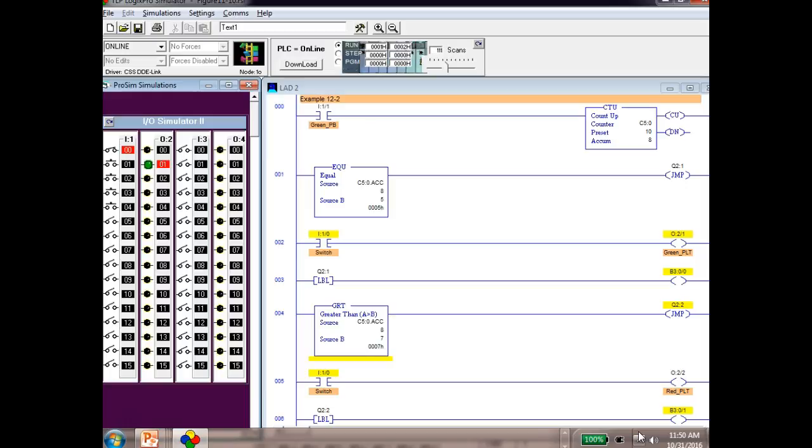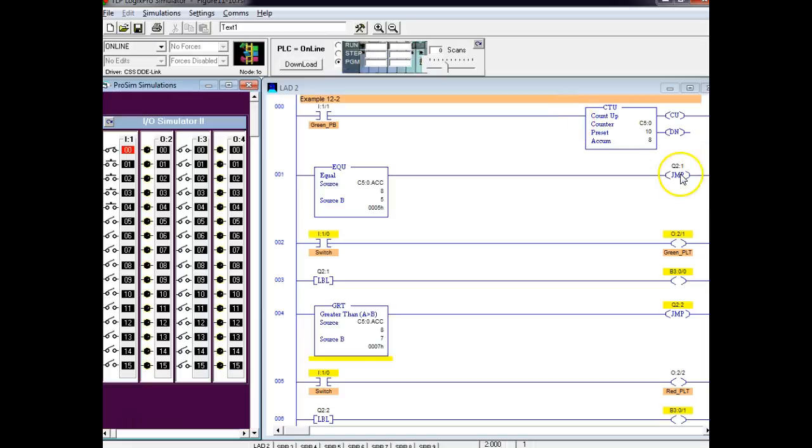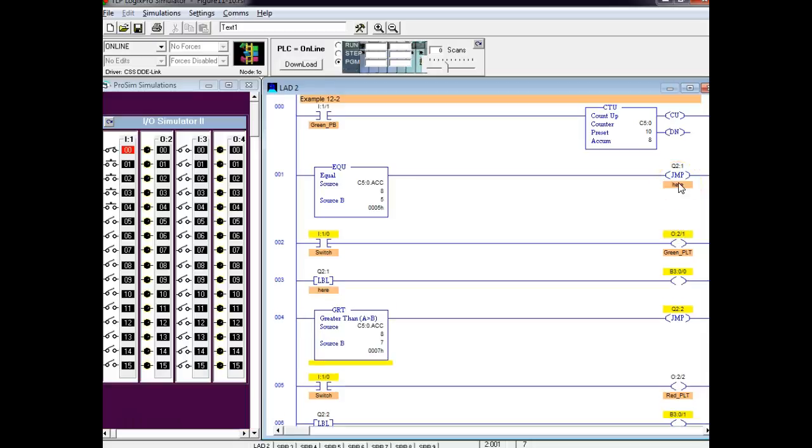Let's see. I'm going to go to program, and I'm going to give the jump instruction a label. Yeah, it does that. So this would be really nice. If you give the jump instruction a label, then your software will come in here and give you the label.